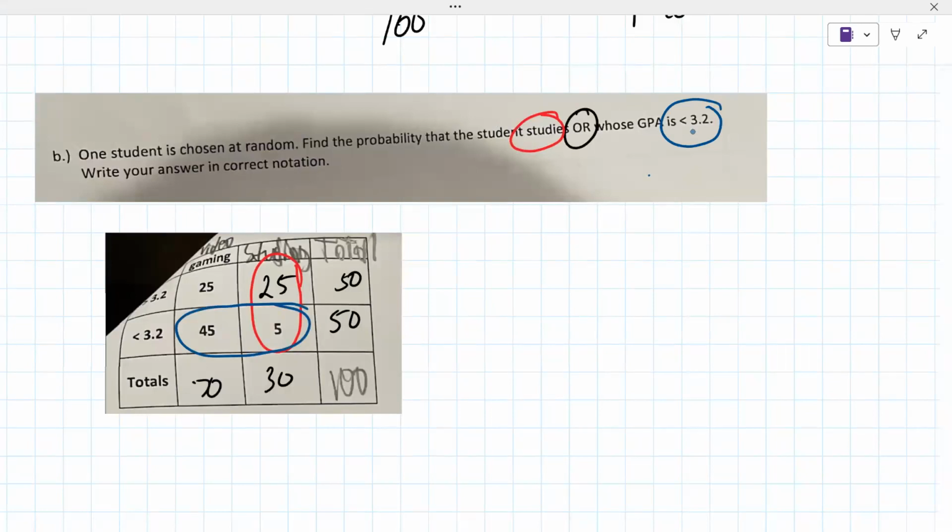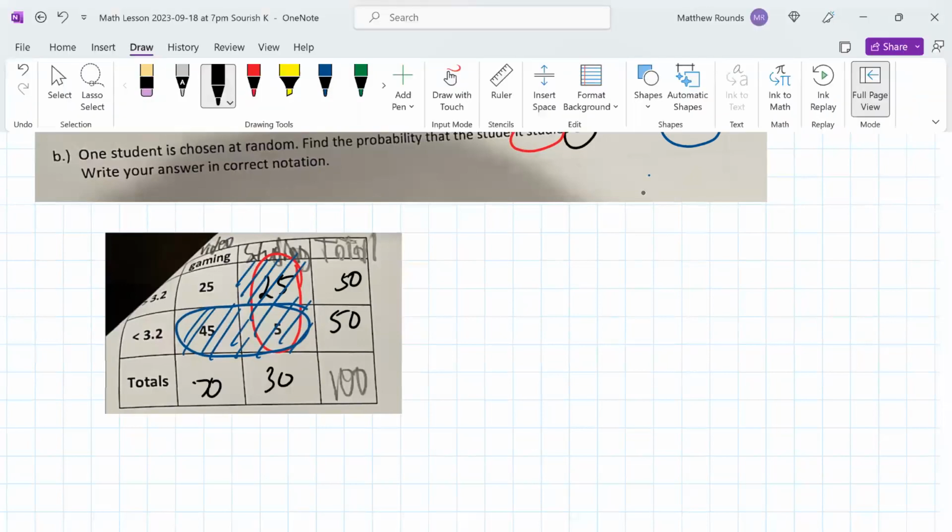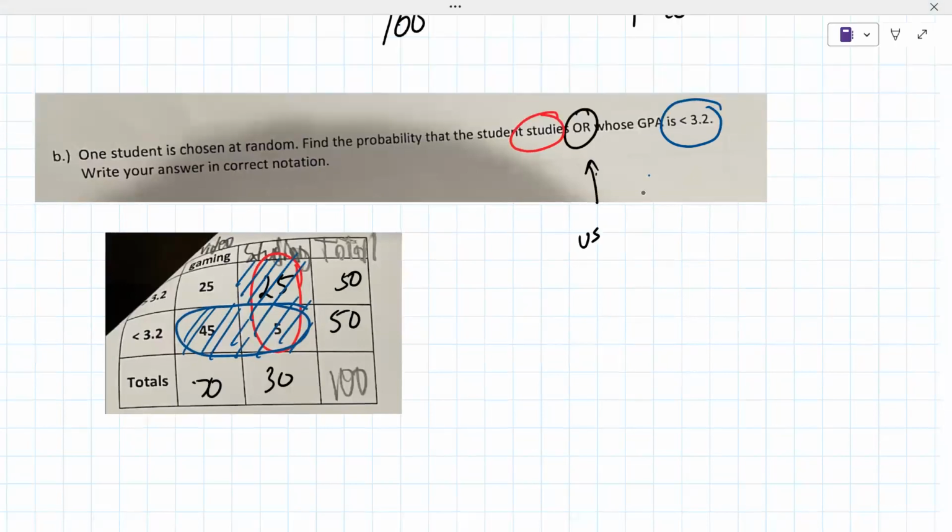So what you have to do here is almost visualize that we're using those three numbers. Whenever you see an "or" in your class, just to keep it simple, you're using three cells from the table.